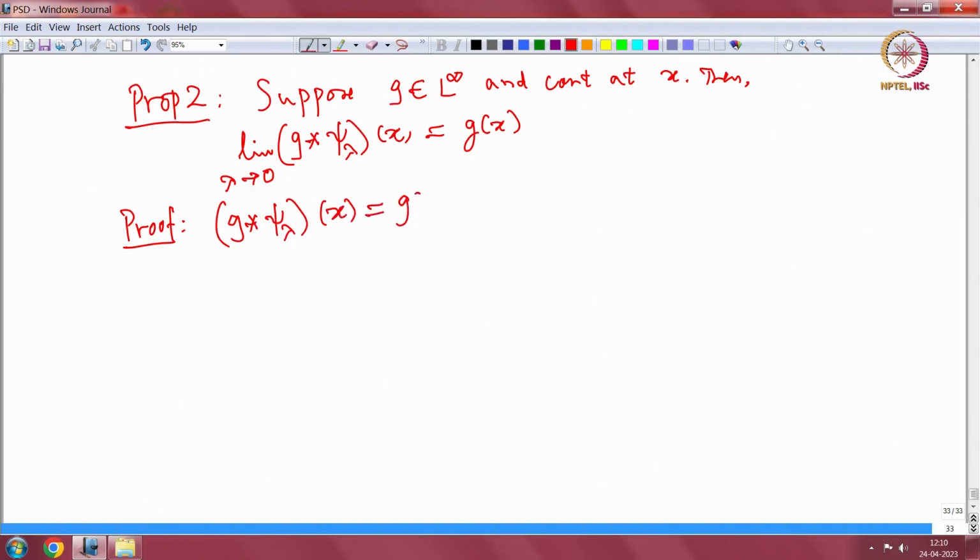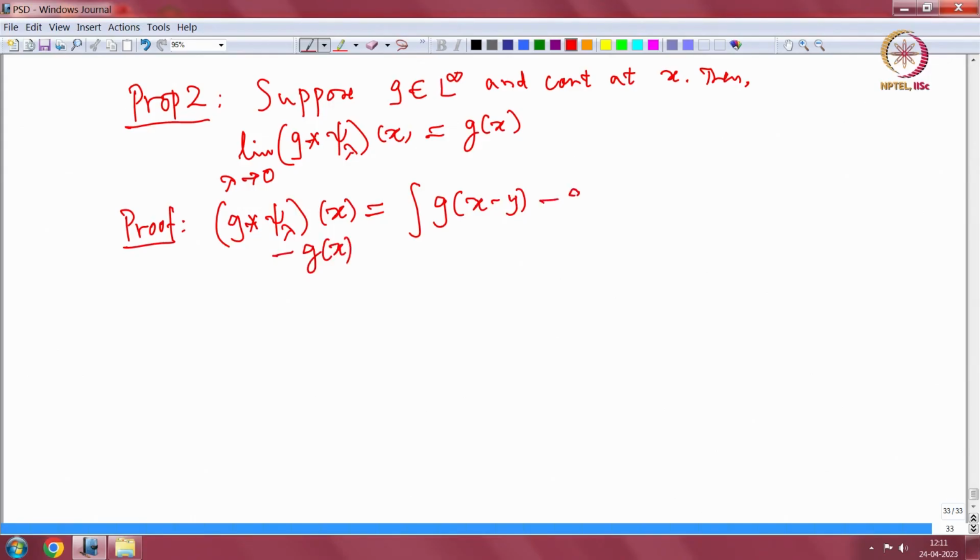Gx. Sorry. Integral of g of x minus y, that is coming from the convolution, this is minus gx.